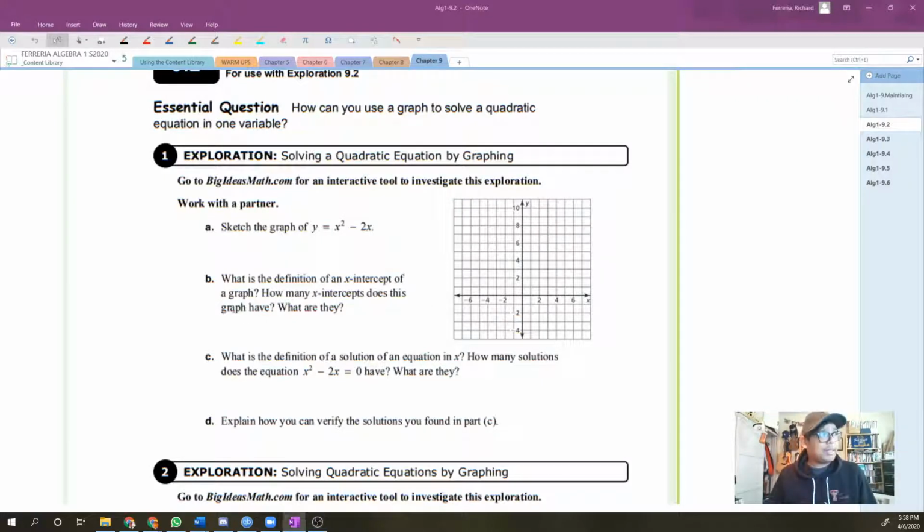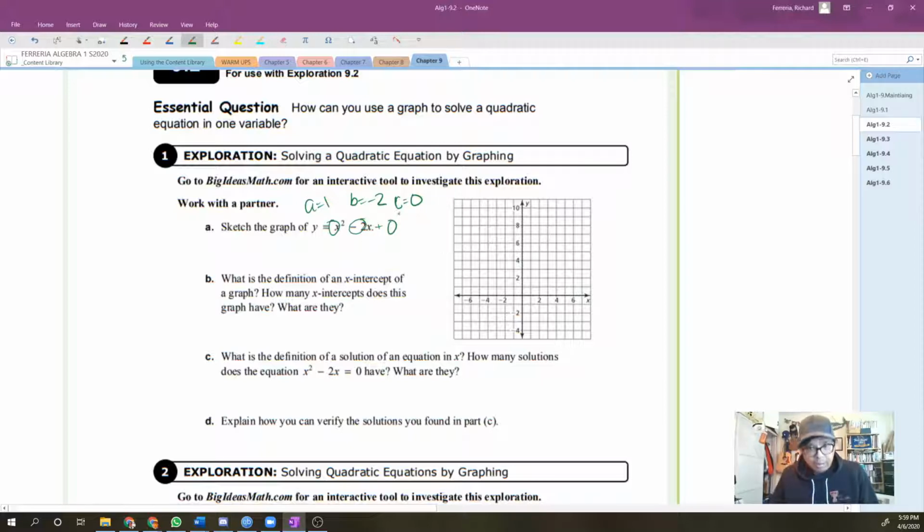Looking at this, there is no number in front of x squared, so a equals 1. Remember, if there's no number in front of a variable, there's always a 1. b is the number in front of the linear term, and that is -2. And there is no c here, so if there is no c, we're going to say c is 0.